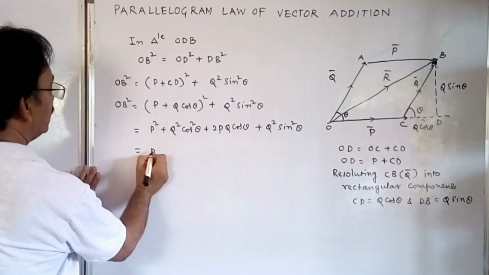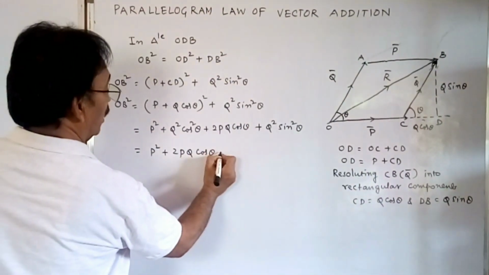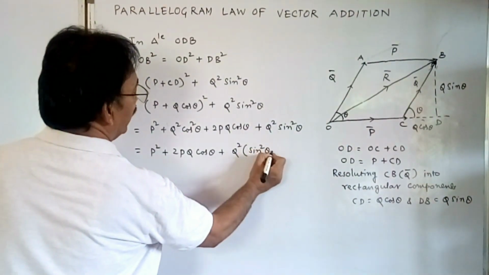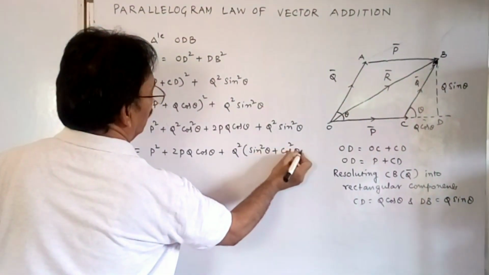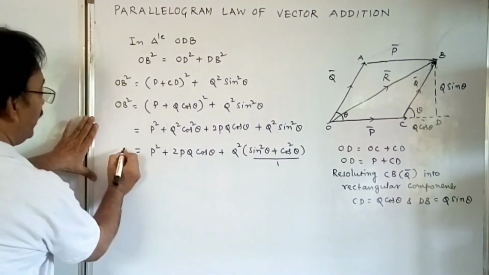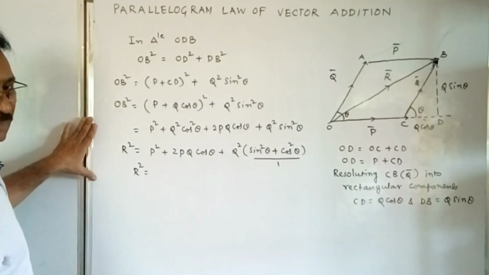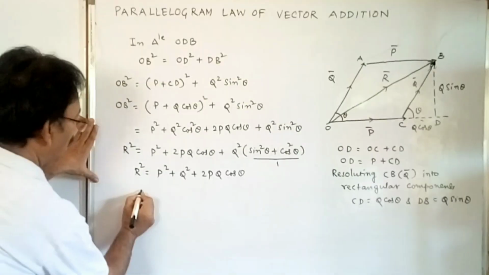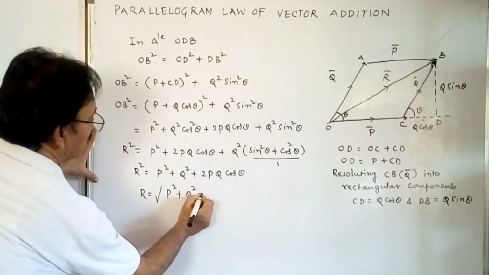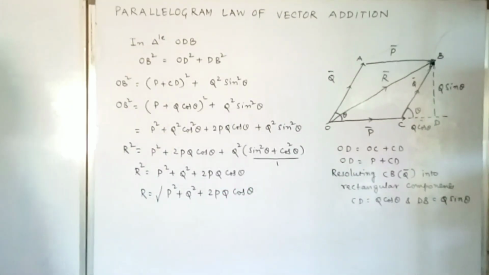And it can also be written as P square plus 2PQ cos theta plus Q square of sin square theta plus cos square theta. As you know that sin square theta plus cos square theta is equal to 1. Then OB is R squared, or the resultant R is equal to under root of P squared plus Q squared plus 2PQ cos theta. It is the desired relation.